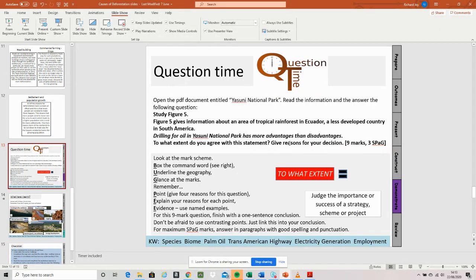So considering development of schemes, in other words, that might be more effective than oil exploration, that would be a really effective thing to put for disadvantages.